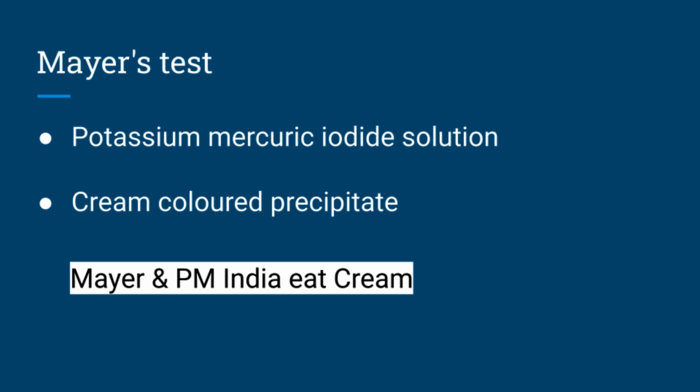Potassium mercuric iodide solution is used for doing Mayer's test. Along with this reagent, alkaloids give a cream-colored precipitate. When treated with Mayer's reagent, that is potassium mercuric iodide solution, alkaloids give a cream-colored precipitate.